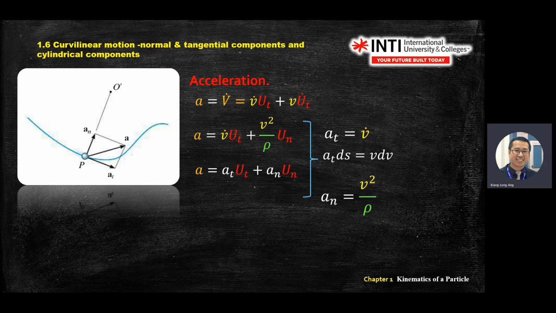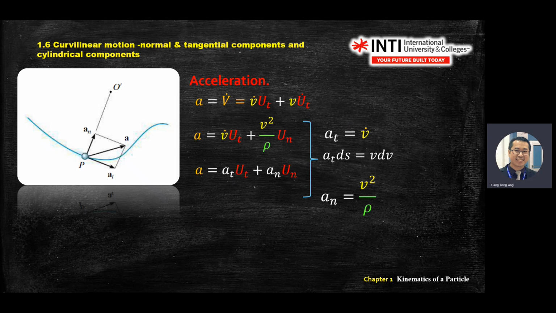C, a, b: c squared equal to a squared plus b squared. So how do you find c, the magnitude? Square this one, square root. Okay, so this is how you draw it on the diagram.